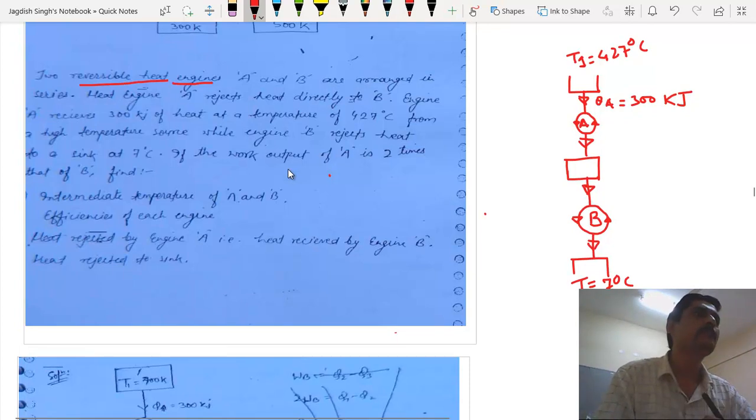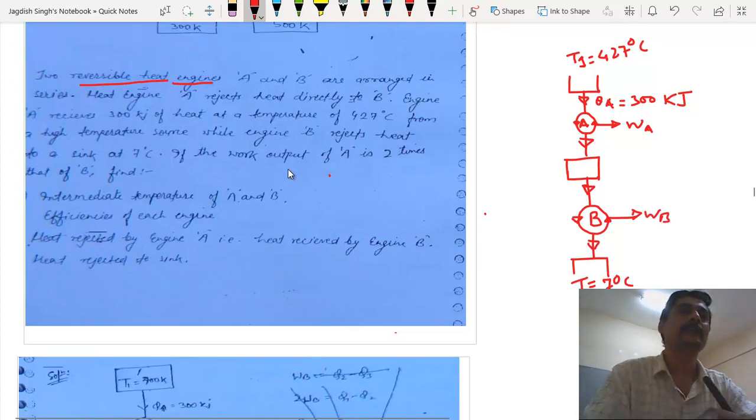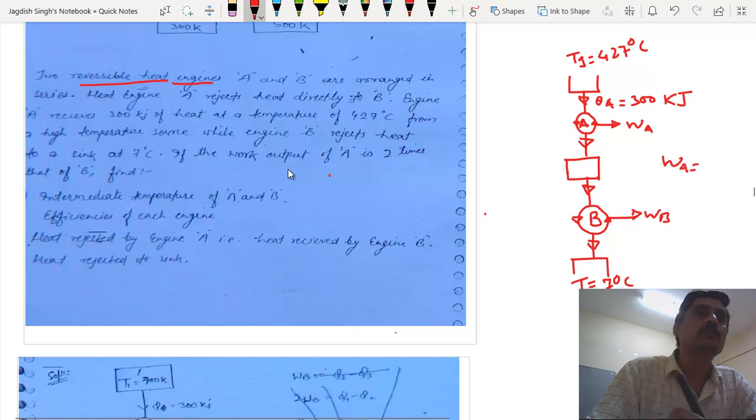Let us suppose WA is the amount of work delivered by engine A, and WB is the work output by engine B. So in this question, WA is equal to 2 times WB. This is given in the question.